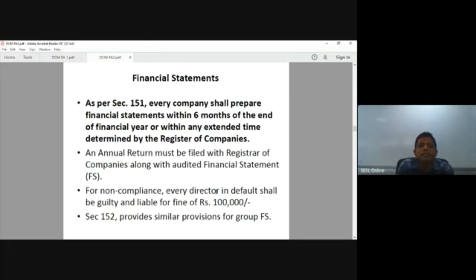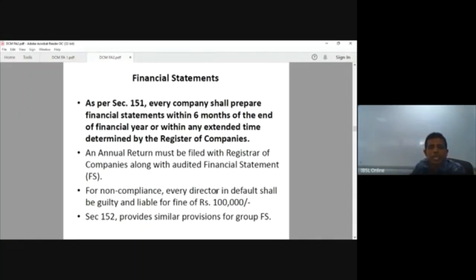Audited financial statements have to be prepared and audited, and a copy sent to the company registrar. Otherwise, that is a violation of the Companies Act. Therefore, make sure when you are granting facilities to the company, these requirements are also met, right?